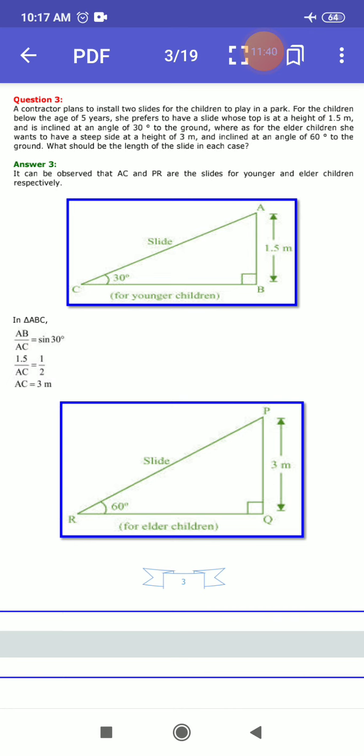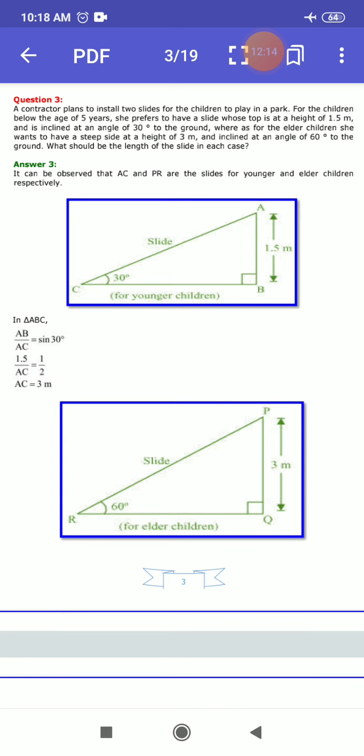For the children below the age of 5 years, she preferred to have a slide whose top is at a height of 1.5 meter and is inclined at an angle of 30 degrees to the ground. Whereas for the elder children she wanted a slide at a height of 3 meter and inclined at an angle of 60 degrees to the ground. What should be the length of the slide in each case?